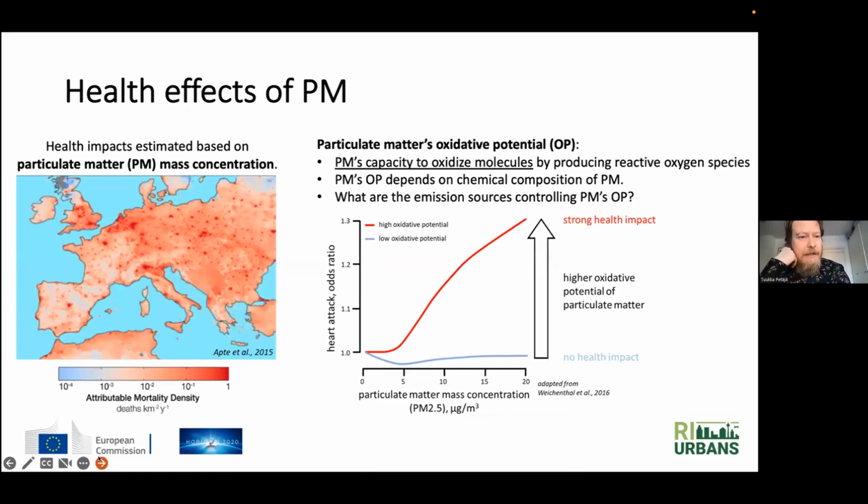The health effects are one relevant point for air quality in general, and as I said, one of the key things there is the oxidative potential. We are analyzing existing data and also collecting new data on oxidative potential, and also harmonizing the methods to determine the oxidative potential.